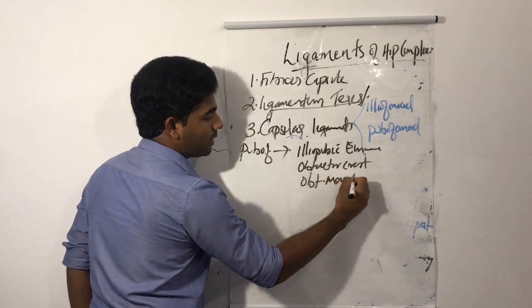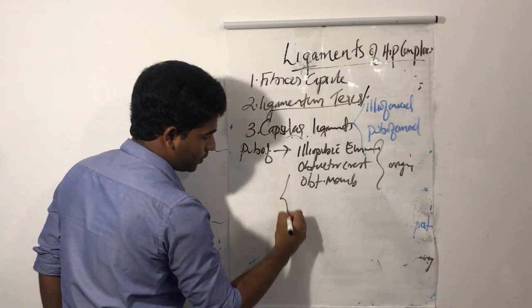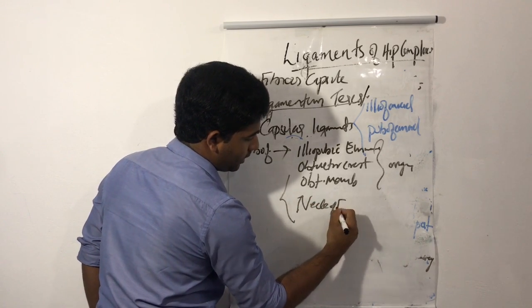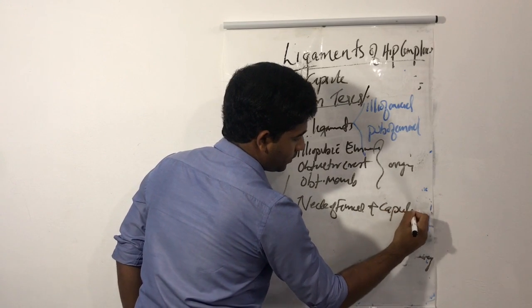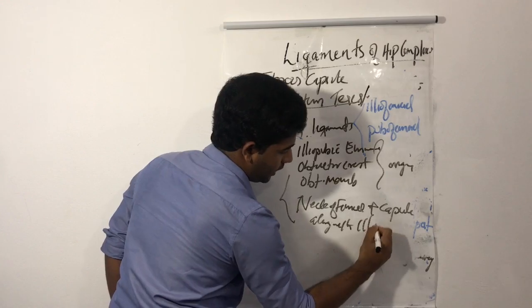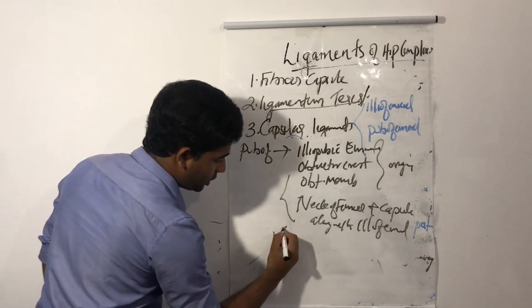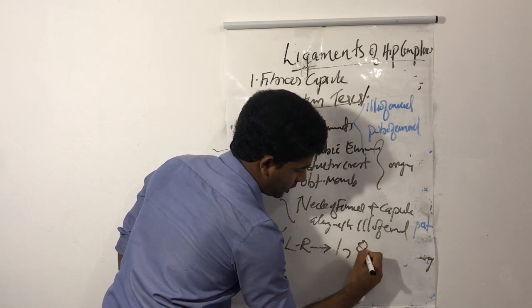And it is inserted into the neck of the femur, along with the capsule, along with the iliofemoral ligament. I will explain to you later. And the function is lateral rotation restraint in extension.